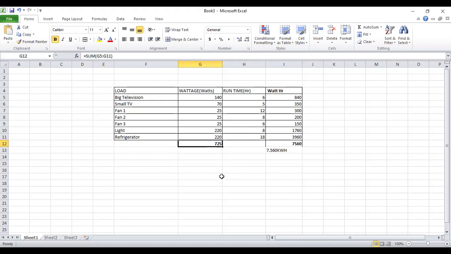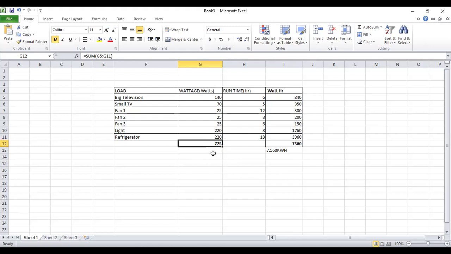So it's always wise to choose an inverter that is twice the size of your rated power. So in this case, we have 725.